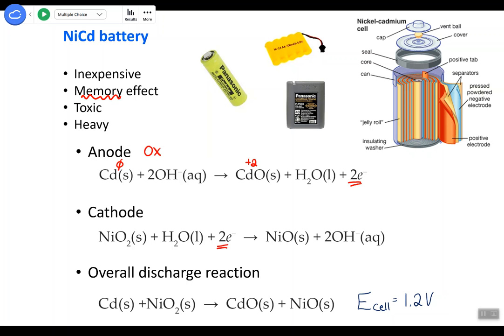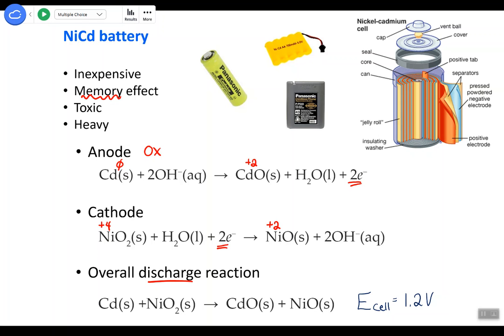Those electrons can then be used up at the cathode, with nickel going from a +4 oxidation state to a +2 oxidation state. And we can write the overall discharge reaction. This is what happens spontaneously when you put it in your toy or your tool. When you want to recharge it, you apply voltage, just more than the cell potential, and you can drive it backwards and recreate your starting materials so that you can use it again.